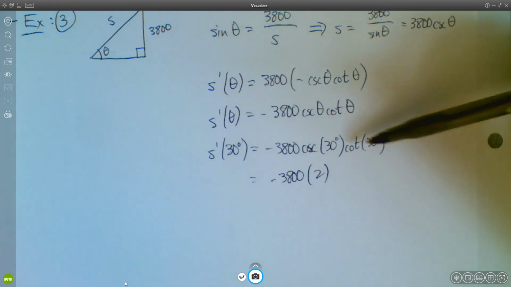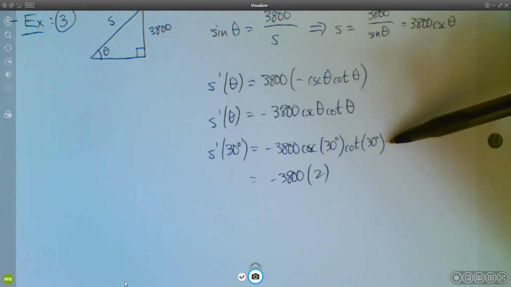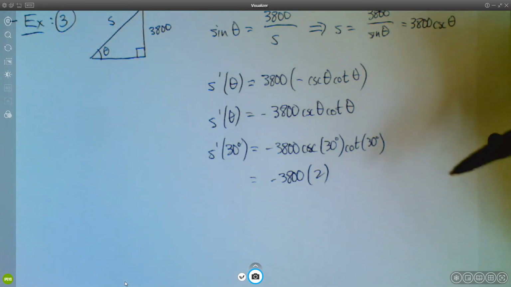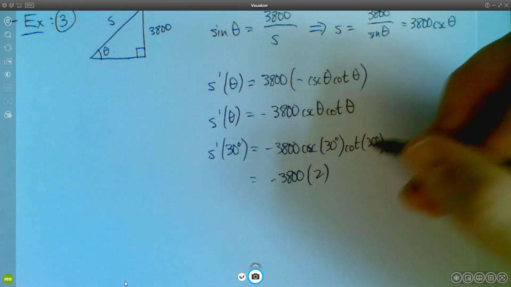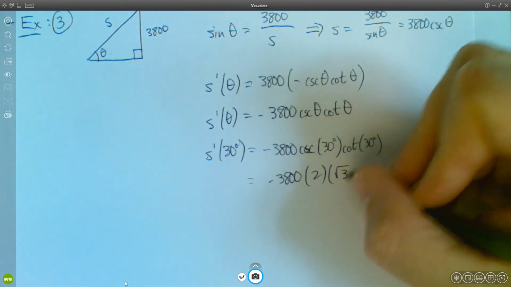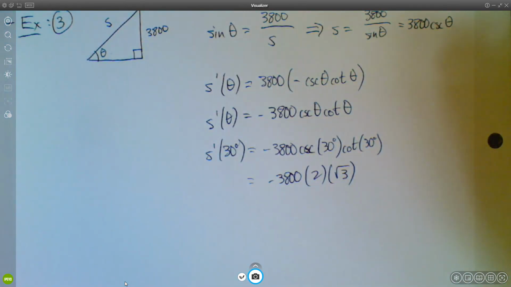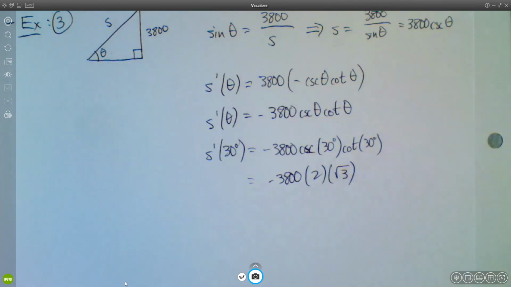But cotangent is cosine over sine. Cosine of 30 degrees is root 3 over 2. And sine of 30 degrees is 1/2, as we just finished saying. So root 3 over 2 divided by 1/2, that should just be root 3. Okay, so it's root 3. Goodness gracious. I should just use my calculator. I'm going to have to use it to get an approximation now anyway.